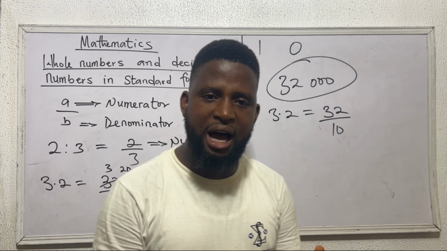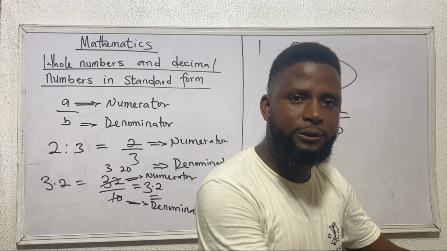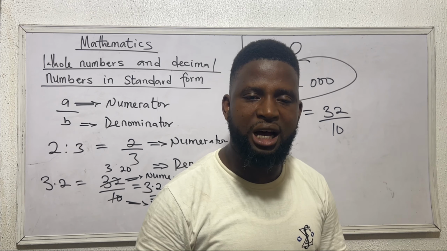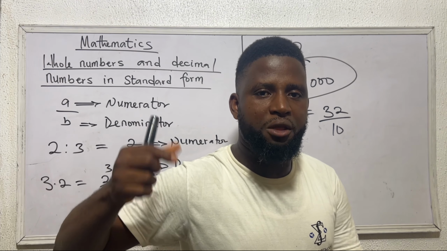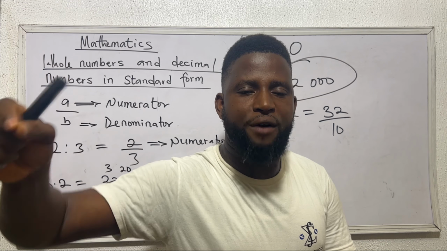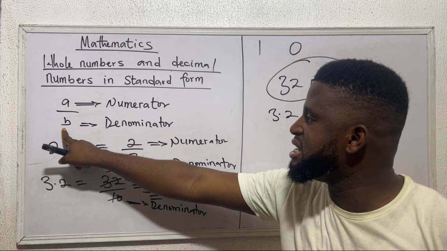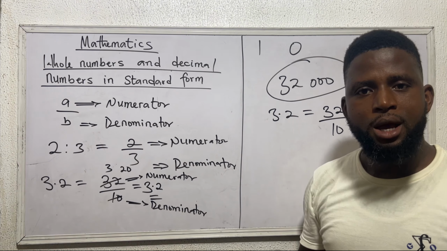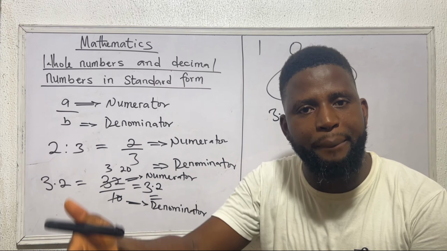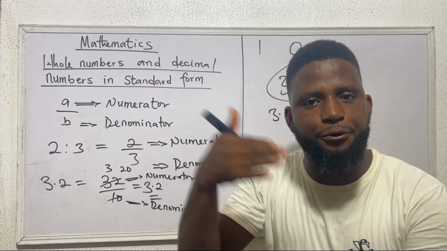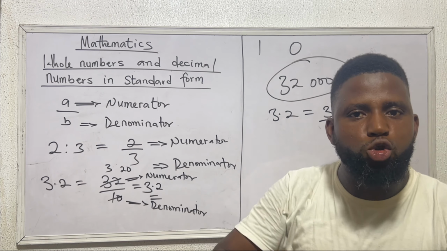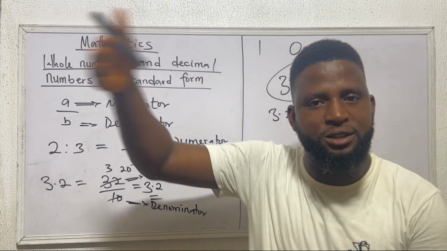So whole numbers are numbers without fraction, while fractional numbers are numbers that can be expressed in the form of a over b, where a is the numerator and b is the denominator. And then we said that fractional numbers can be expressed in form of ratio and can also be expressed in form of decimal.